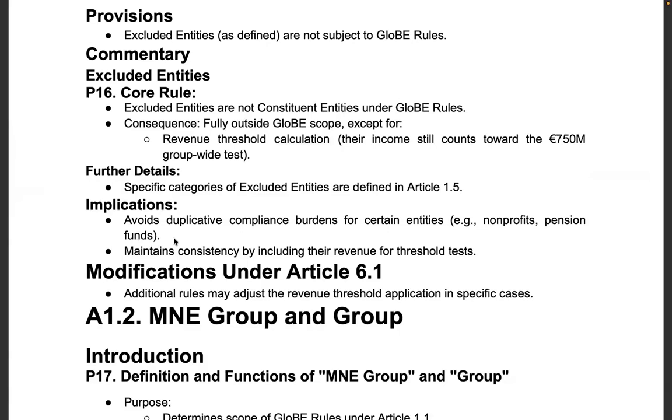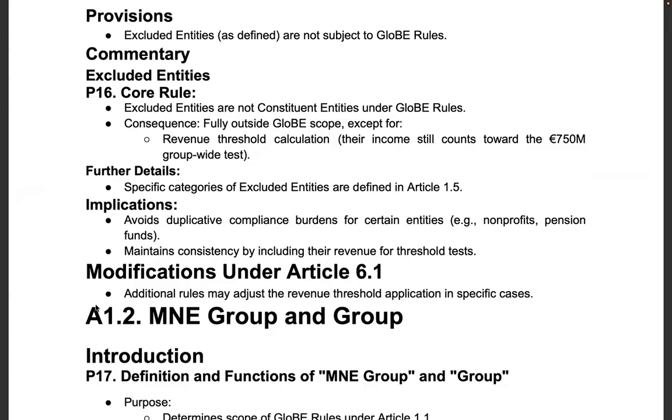It maintains consistency by including their revenue for the threshold test. The only thing relevant for such entities is that their revenue will be considered for testing whether the 750 million euros at a consolidated level was exceeded.